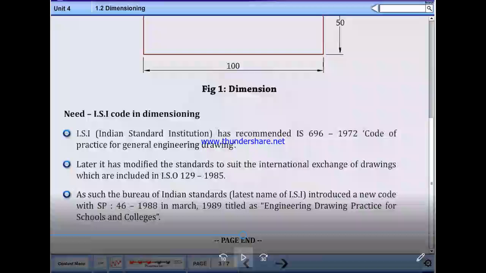As such, the Bureau of Indian Standards, the latest name of ISI, introduced a new code, SP 46 1988 in March 1989, titled Engineering Drawing Practice for Schools and Colleges.